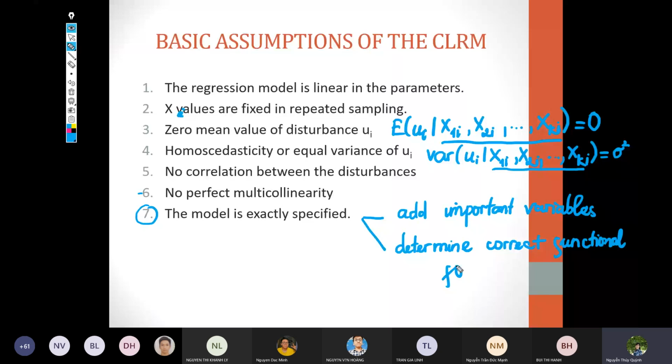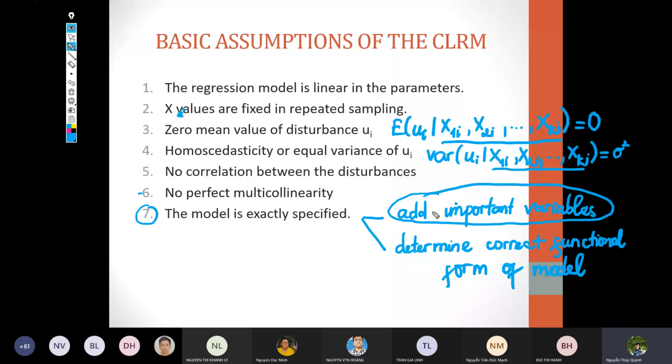So now let's talk about the case when you cannot add all the important variables into the model. Important variables here means the important independent variables which significantly explain the value of the dependent variable.